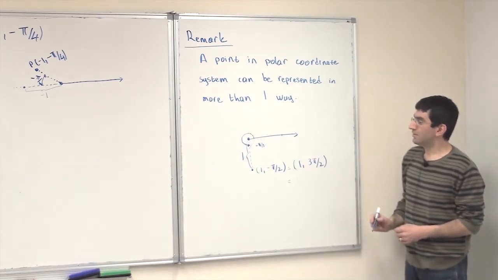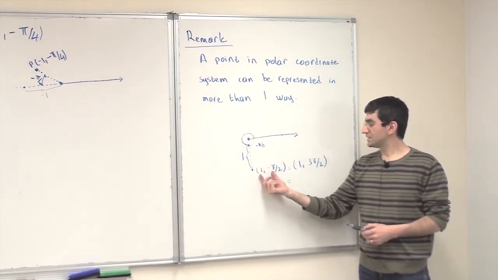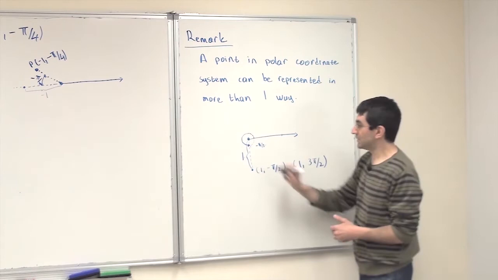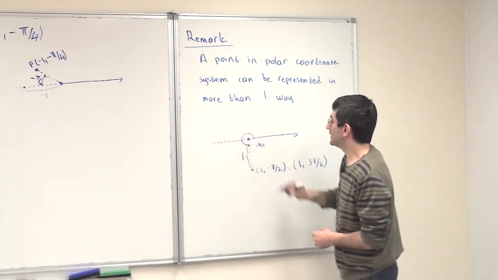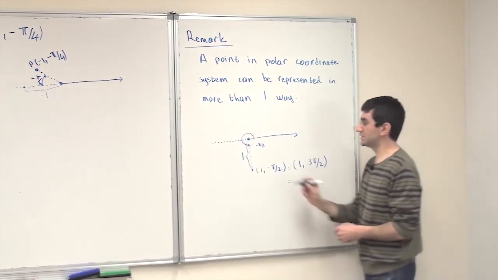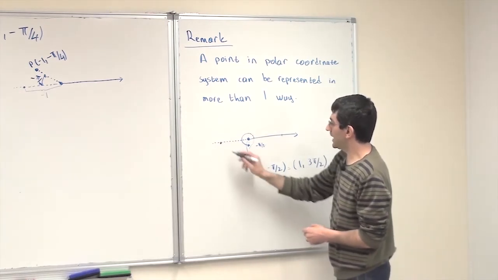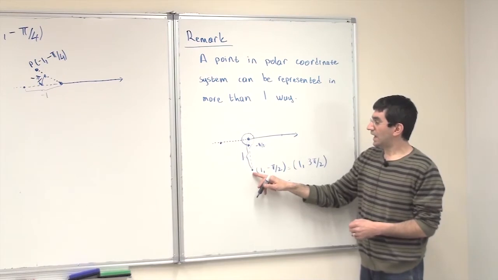Okay, now what if I want to express this point using a negative r, which means I measure the distance 1 on the left side of the origin. So here we have negative 1, and then I want to arrive at this point.